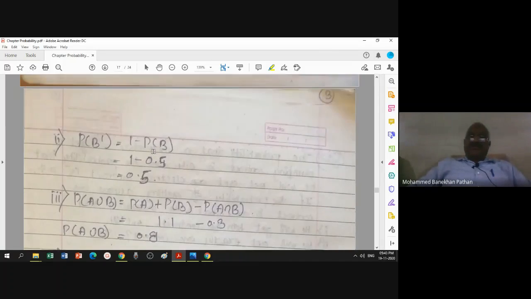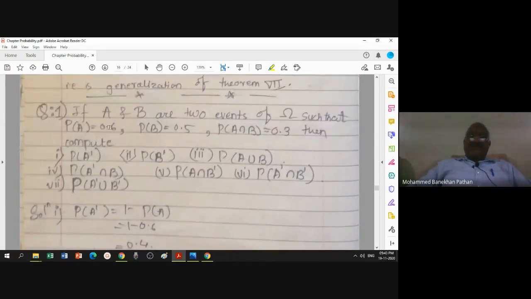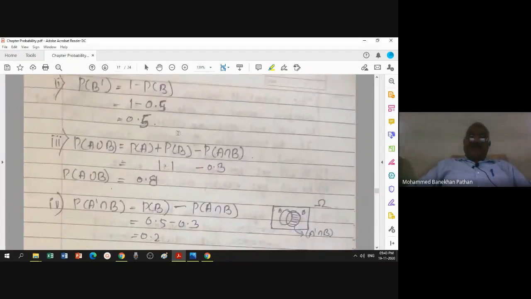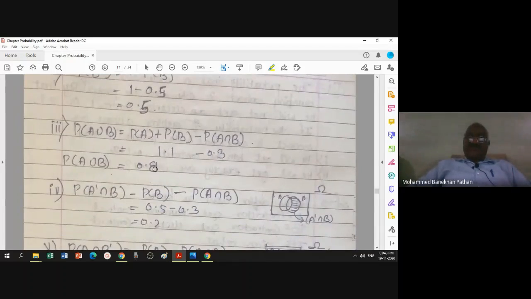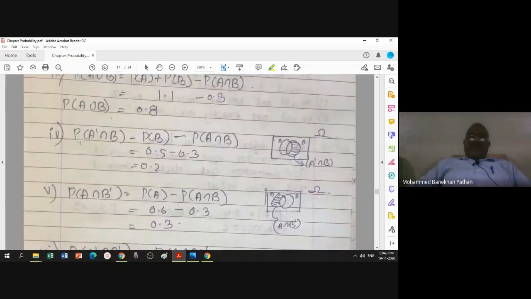This is 0.6 plus 0.5, that is 1.1, minus 0.3, the answer is 0.8. Probability of A dash intersection B, here we don't have a theorem. So we take the help of a Venn diagram. This is your Venn diagram.